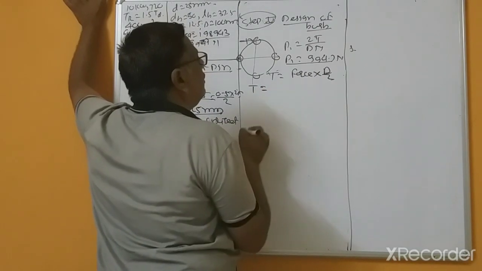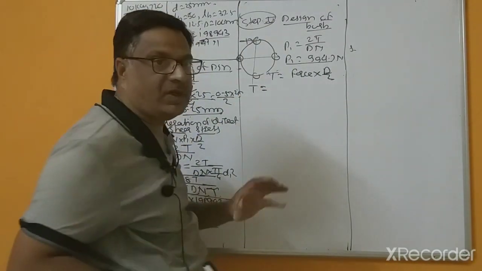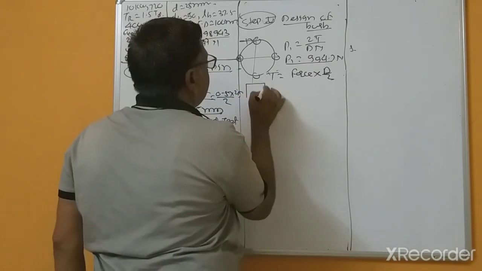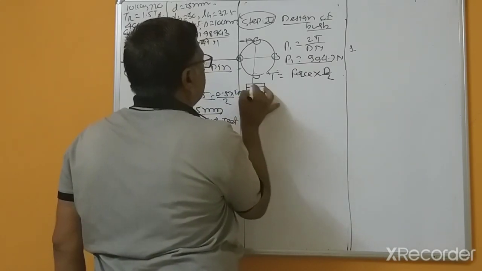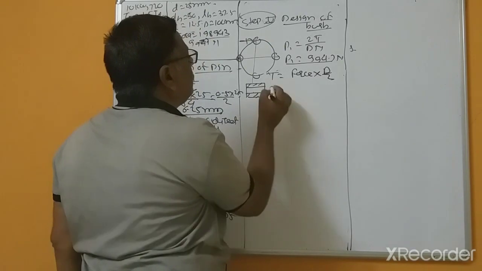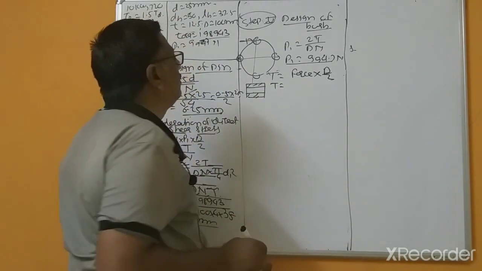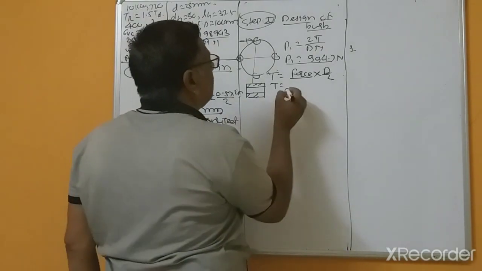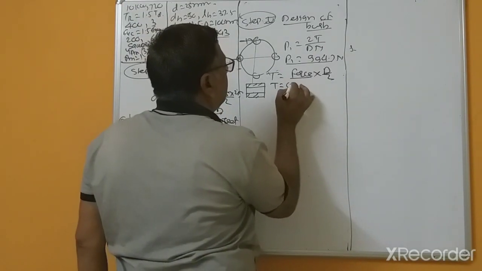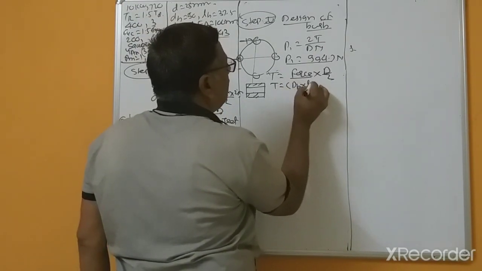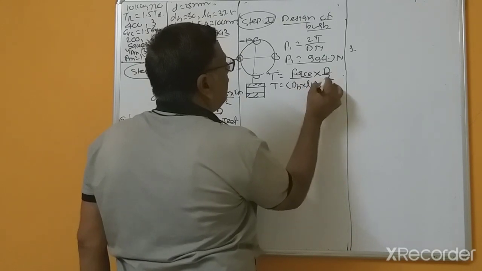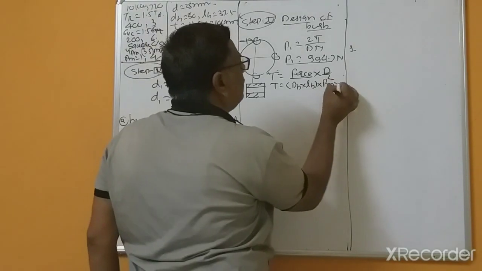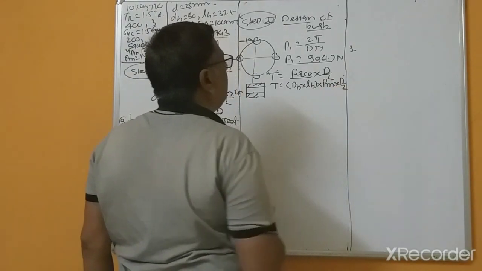Force equal to, yes, because this is a bush, that's why T equal to force acting, force means pressure times diameter of the bush, length of the bush, multiplied by PM into D by 2.